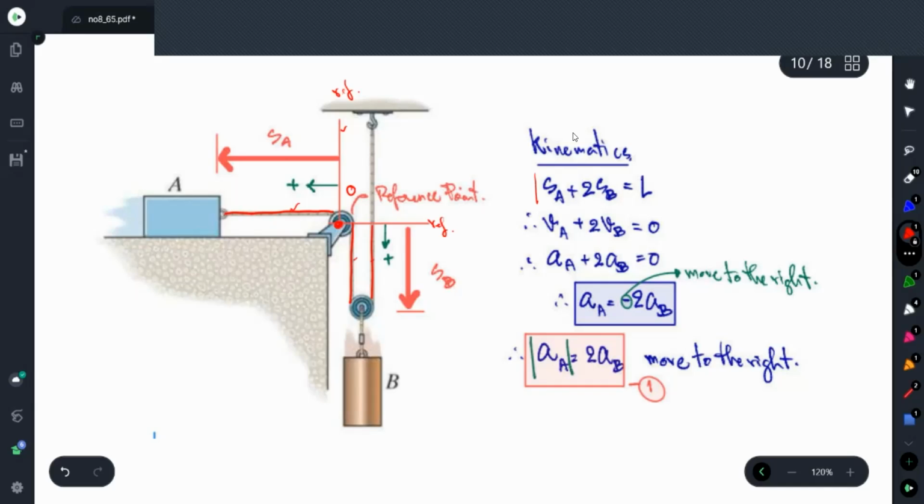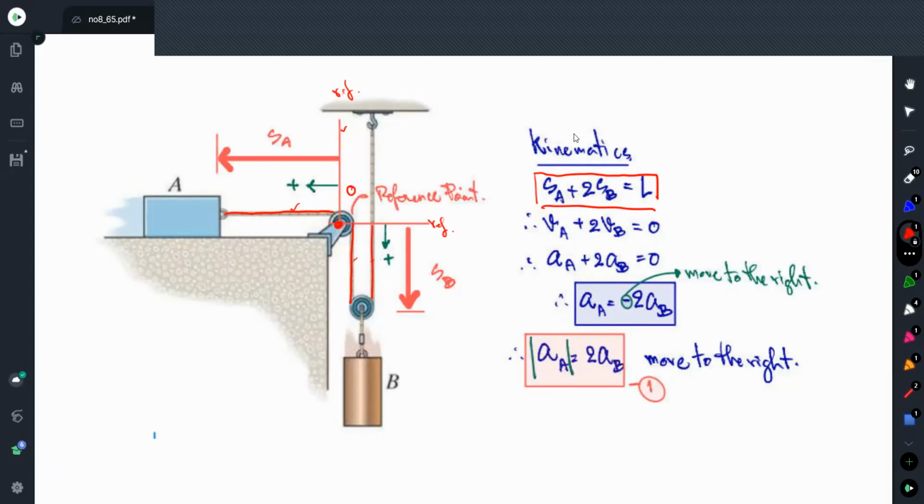That's why we have this constraint equation. From this constraint equation, we take the first derivative of both sides and get the velocity equation. We take the derivative again and get the acceleration equation. From this equation, we can find the relationship of motion of block A and block B.